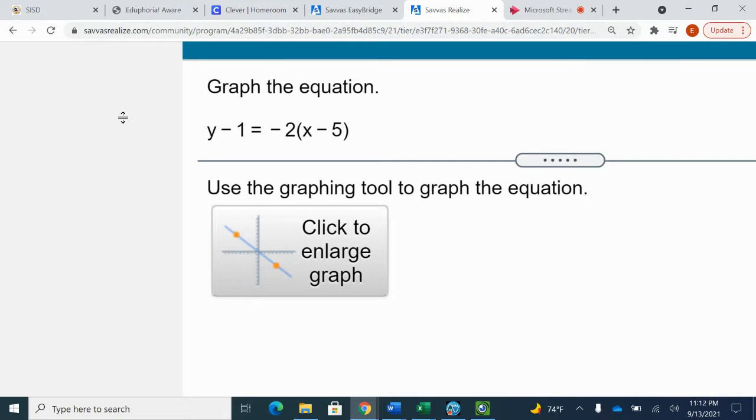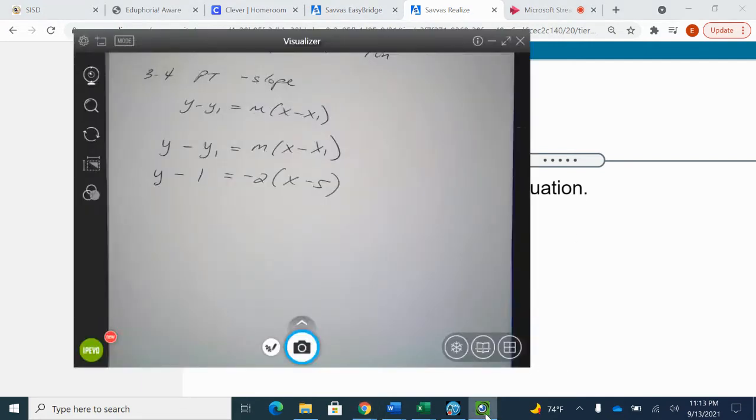So I'm first going to write down my general formula for point slope, and I'm going to write the equation given to me at the bottom. Give me a second. All right, so here is problem number 1.